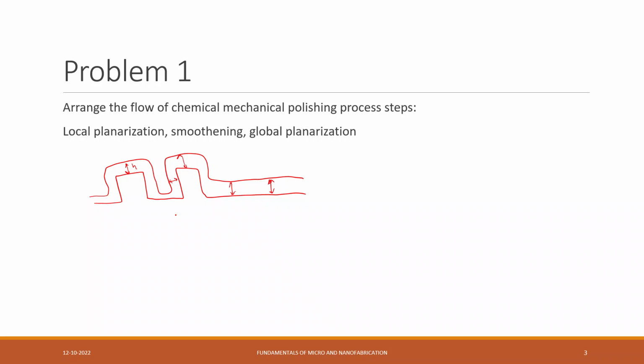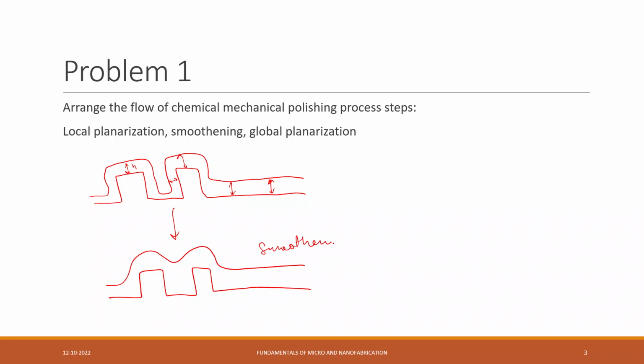The first thing that happens when we start with chemical mechanical polishing is that the pattern gets smoothened.